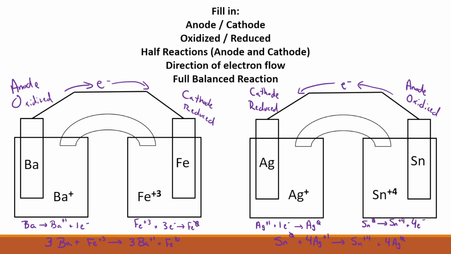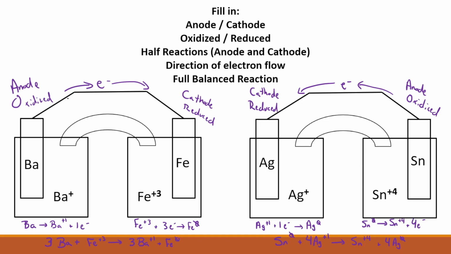First things first, the anode is higher on Table J. So when you look, you compare barium to iron. Barium is higher on Table J. Barium is the anode. Anode is oxidized. Iron must then be the cathode. Cathode is reduced.